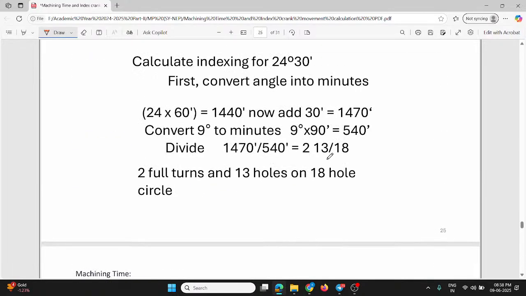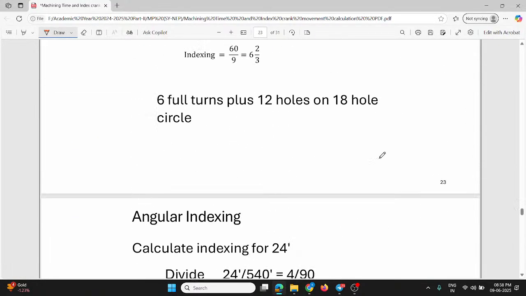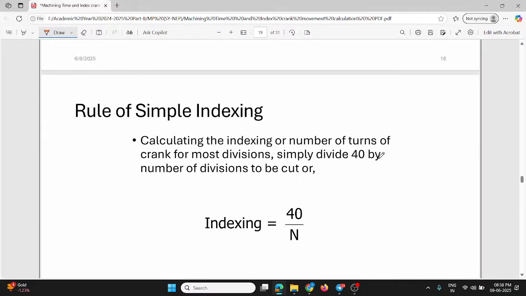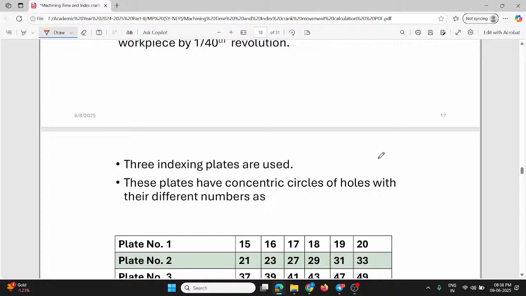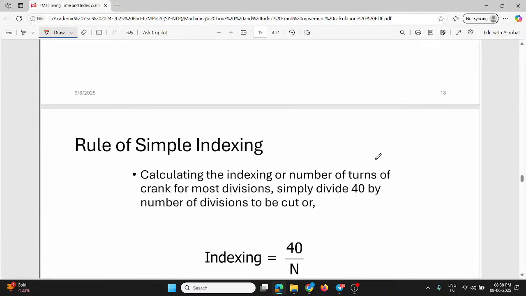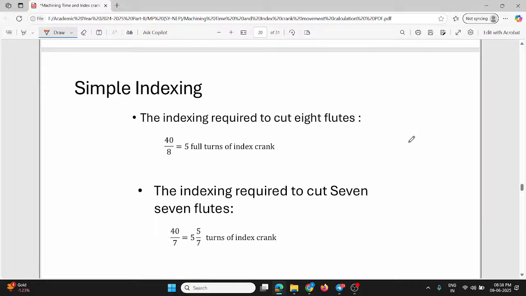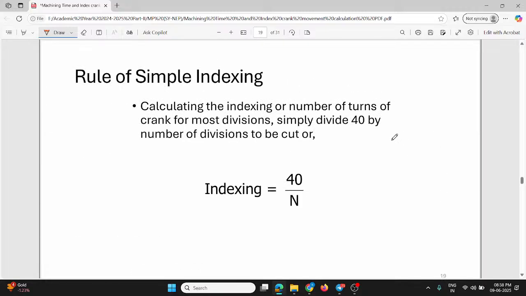Another thing I want to discuss is how to calculate the index crank movement.